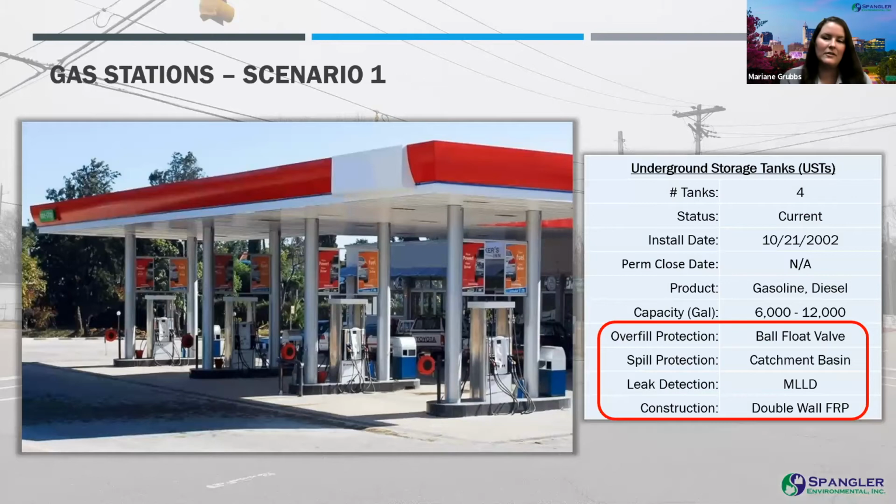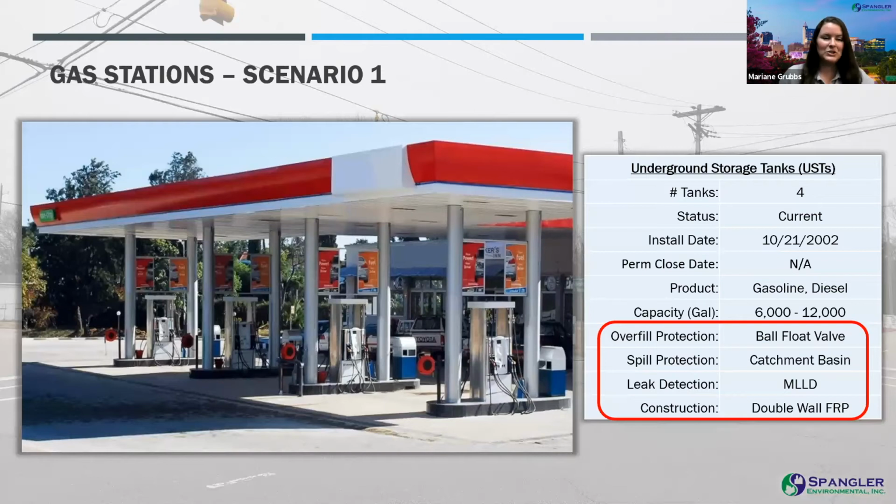The features of the tanks themselves described in the tables, and then with regular monitoring by the gas station personnel, and then inspections by your regulatory agency, any releases should be detected fairly quickly and either cleaned up or contained as close to that gas station facility as possible. So with these conditions in mind, that gas station would not represent the likely presence or material threat of petroleum products on your subject property, and therefore it would not qualify as an REC.